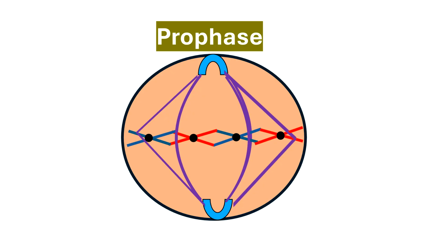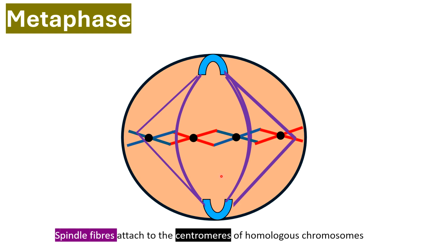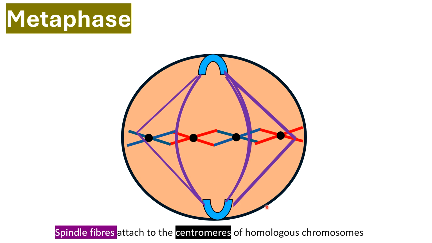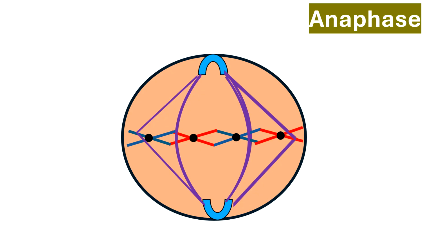Okay, moving on to the metaphase. What happens here? Well, spindle fibers attach to the centromeres of the chromosomes, as you can see here. These spindle fibers should be attached to this black circle here. My bad. Anyways, anaphase.